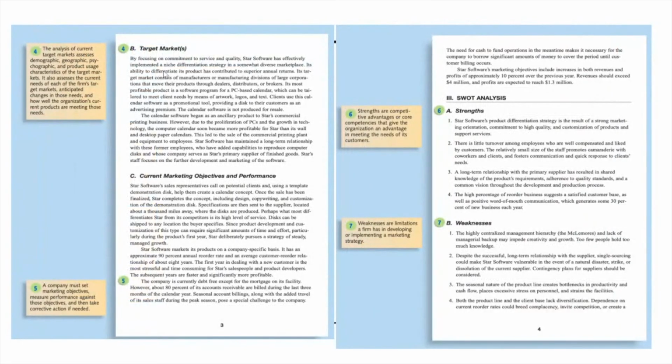Just like the business plan, it has an executive summary in and of itself. It has an environmental analysis. This is looking at the external environment. We're looking at the economy, the culture, the demographics, the technology, the competition, these sorts of elements, the legal environment.